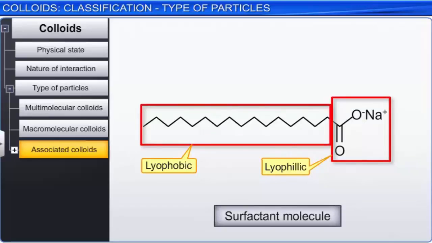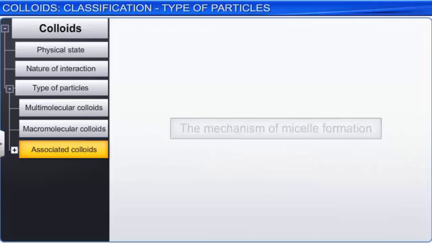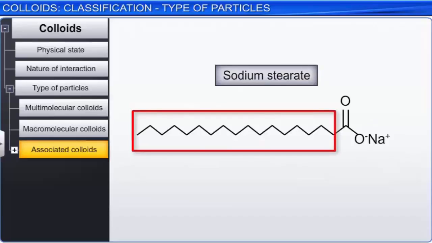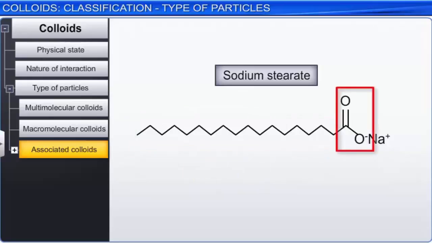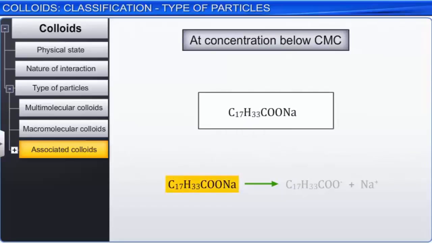Let us now discuss the mechanism of micelle formation. In sodium stearate, the long hydrocarbon part of stearate radical, that is C17H35, is the lyophobic end, while COO- is the lyophilic end. When the concentration of the solution is below its CMC, sodium stearate behaves as a normal electrolyte and ionizes to give sodium and stearate ions.